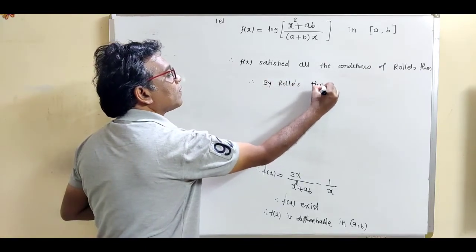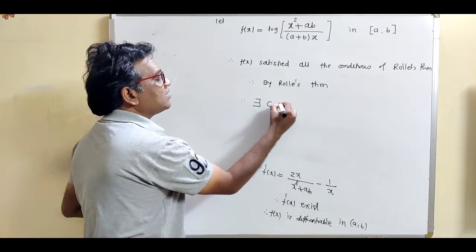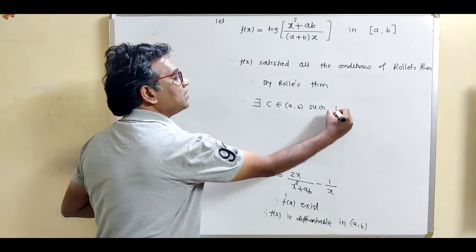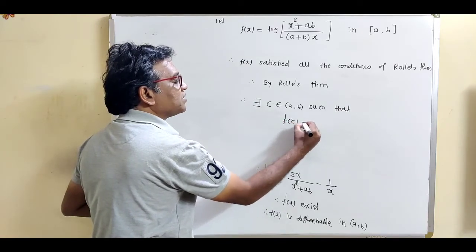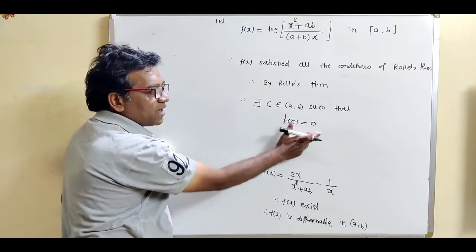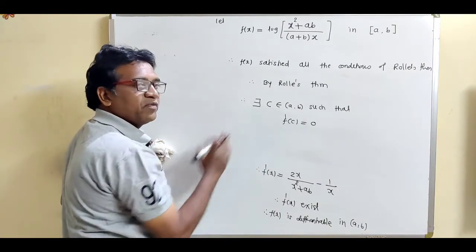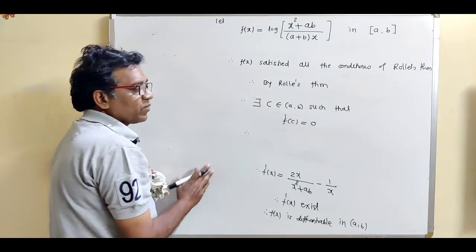So by Rolle's theorem, what is the statement? There exists c belonging to the open interval (a, b) such that f'(c) equals 0. By solving this condition f'(c) equals 0, we can find the value of c which is in between the open interval (a, b).